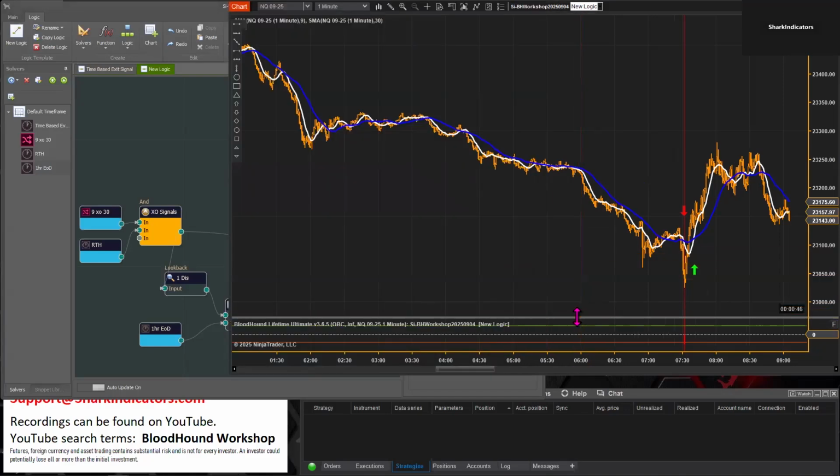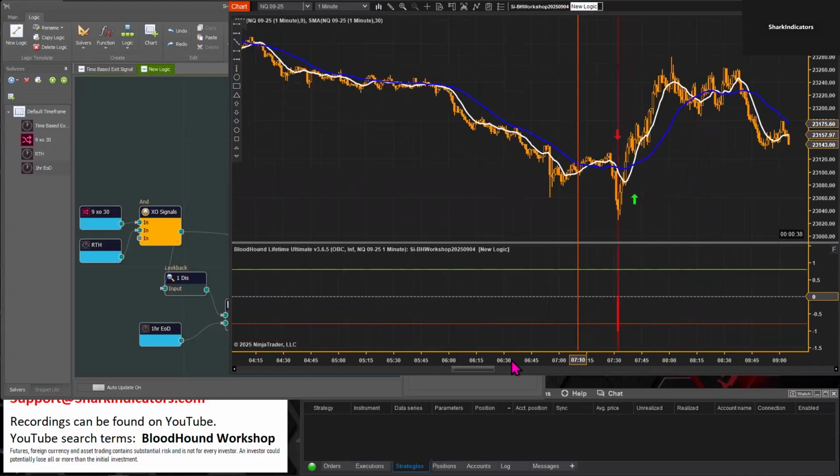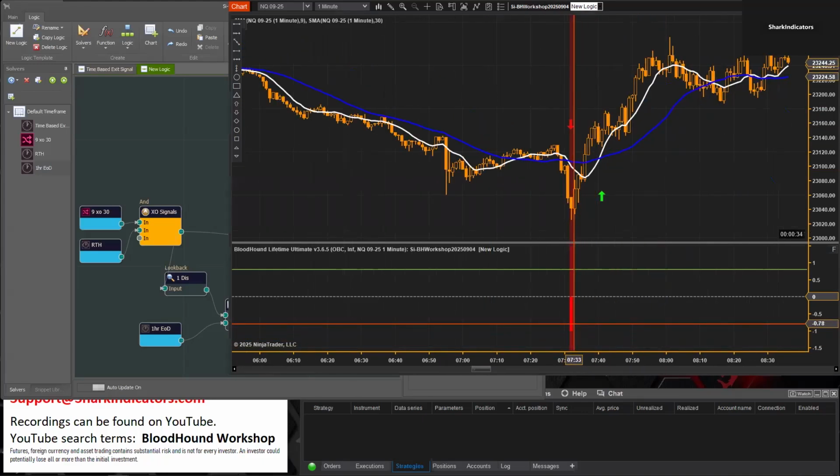If we look at BloodHound's output, we have this green line and this red line, and the output has to be greater than these threshold values. They're set at 0.8: the short signals are set at negative 0.8, and the positive signals are set at positive 0.8.